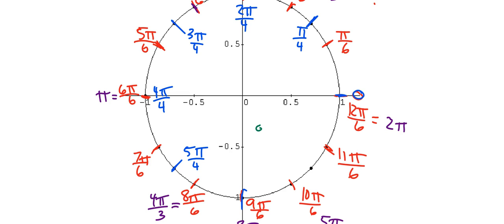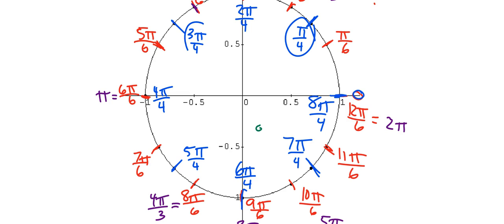And at the bottom, 6 pi over 4. And the missing one in the middle of quadrant 4, 7 pi over 4. And lastly, 8 pi over 4. So the 4 that you were missing were these 4. All we did was count around the circle in increments of pi over 4.